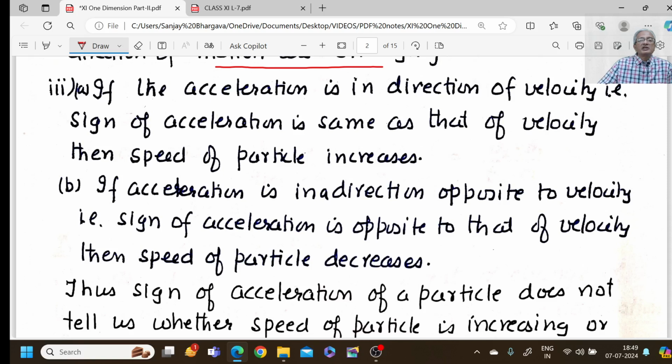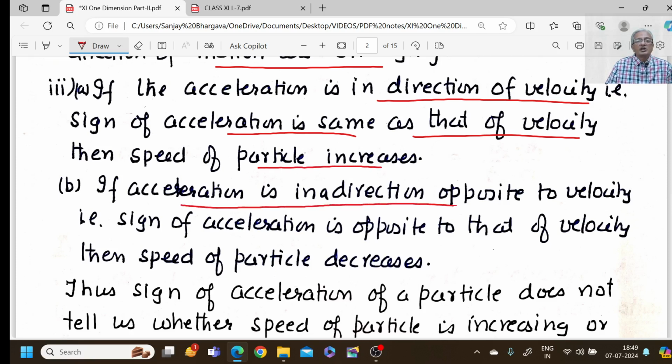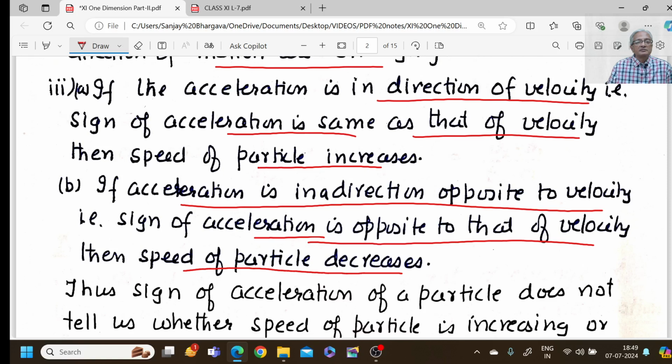If the acceleration is in the direction of velocity, that is, the sign of acceleration is the same as the sign of velocity, then the speed of the particle increases. If the acceleration is in a direction opposite to that of velocity, then the speed of the particle decreases.